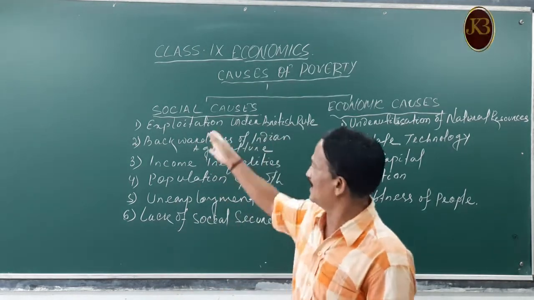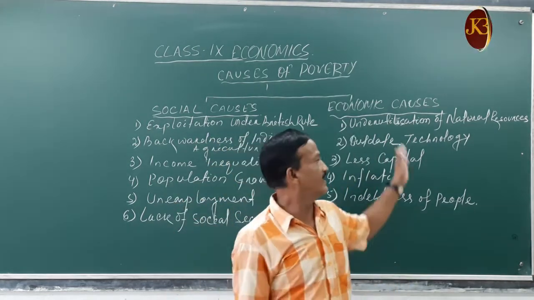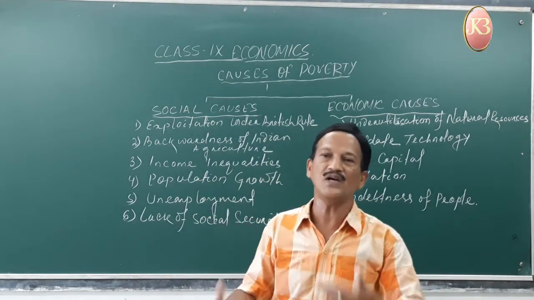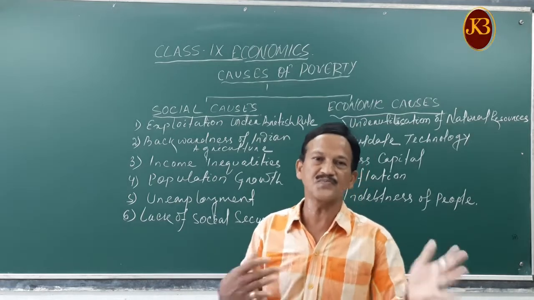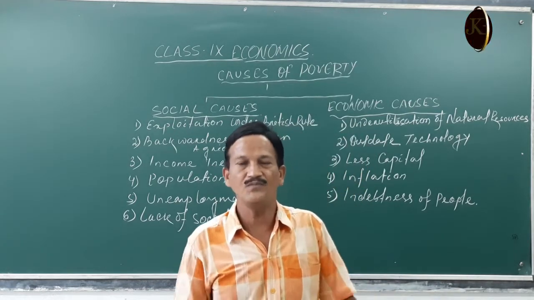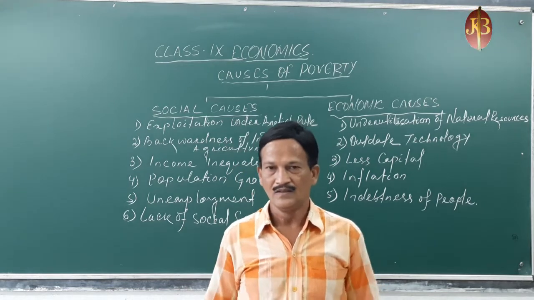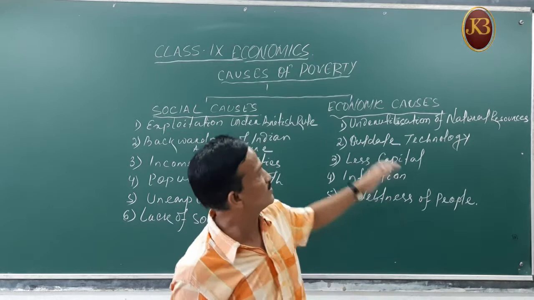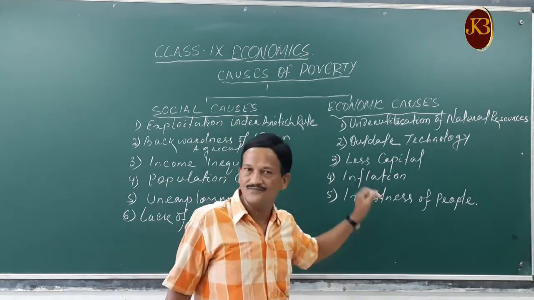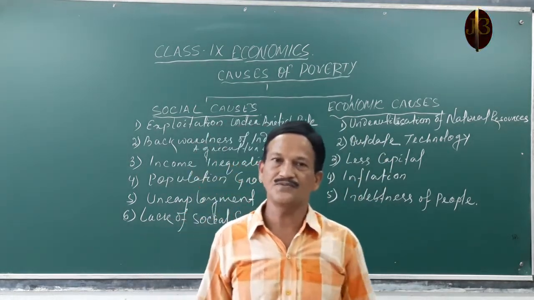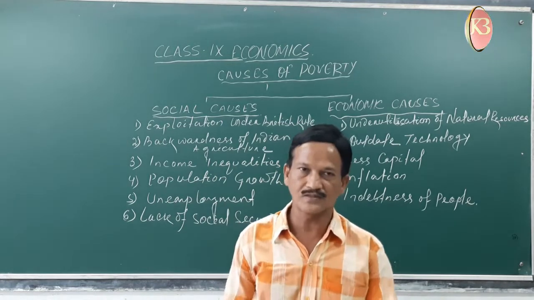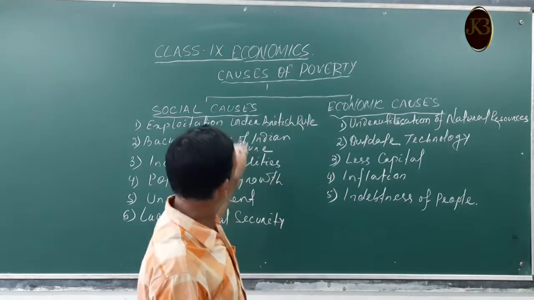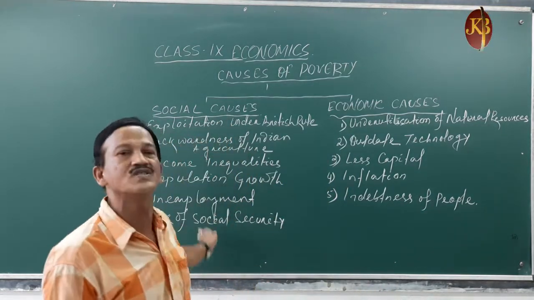Economic causes are the causes which arise due to our faulty economic plans, policies and formulations by the government, or the failure to solve the economic problems, to find solutions for the poor people's problems. So let's come to the detailed discussion about the social causes.